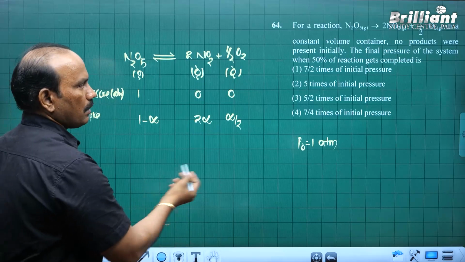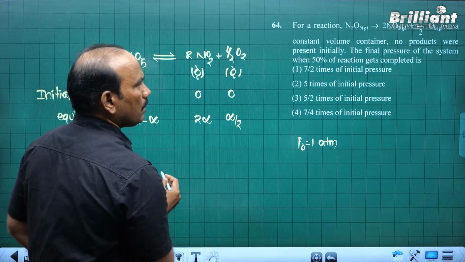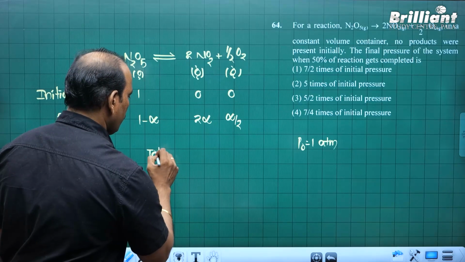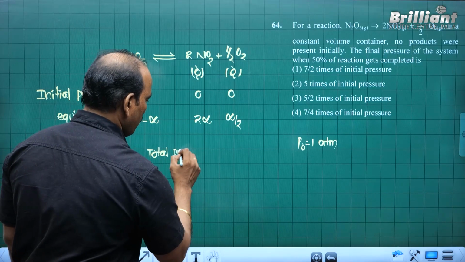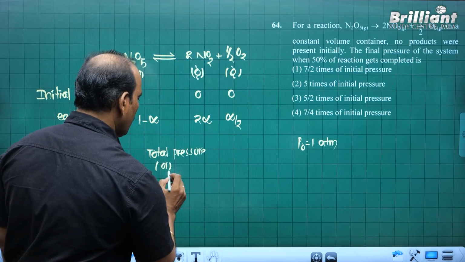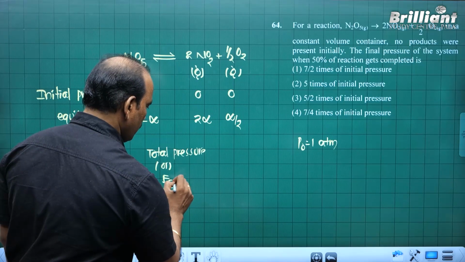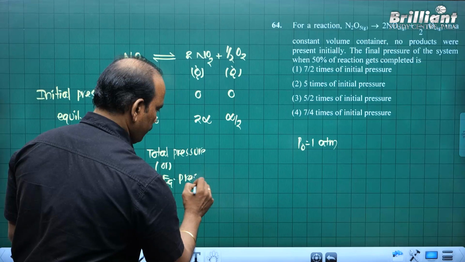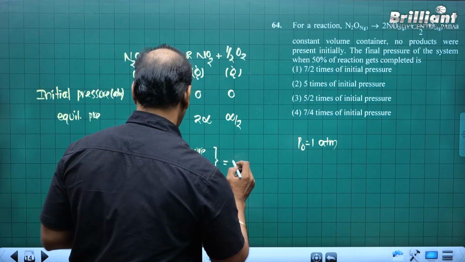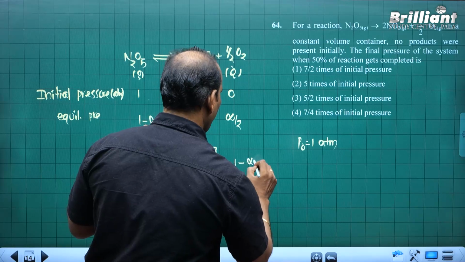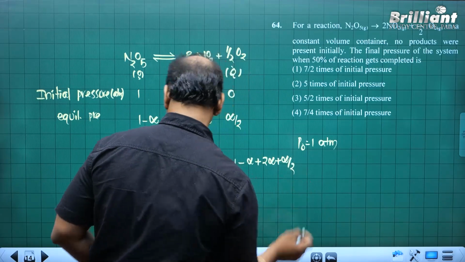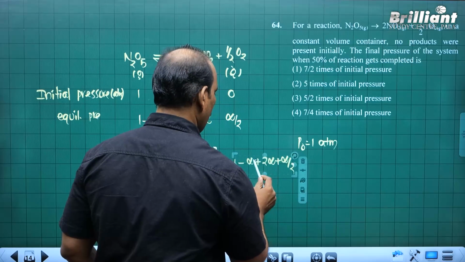Okay? Now the total pressure, or equilibrium pressure, is equal to 1 minus alpha plus 2 alpha plus alpha by 2.